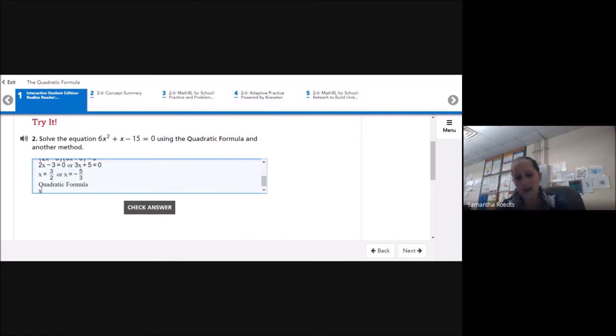When I do this, I get x equals negative 1 plus or minus the square root of 1 minus 4 times 6 times negative 15, divided by 2 times 6. This is negative 1 plus or minus the square root of 361 over 12.